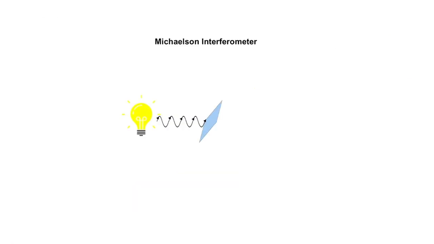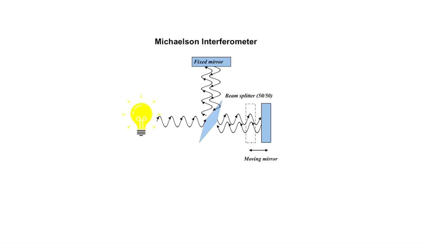Light from the IR source strikes a beam splitter, which divides the beam into two separate paths. One beam travels towards the fixed mirror, while the other travels towards the moving mirror. Both beams reflect off their mirror and then return to the beam splitter, where they recombine. And here is where the magic happens.